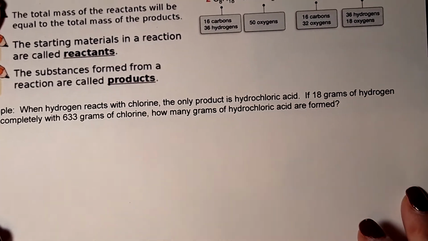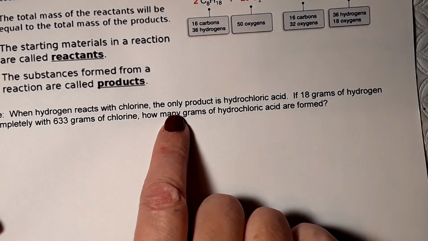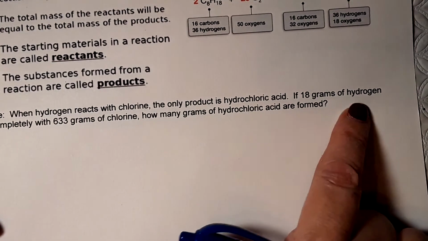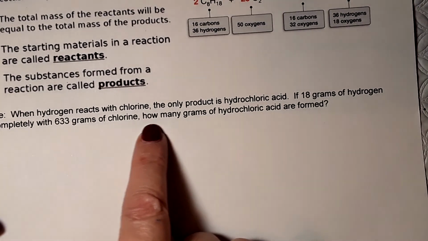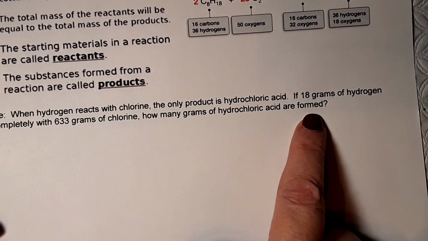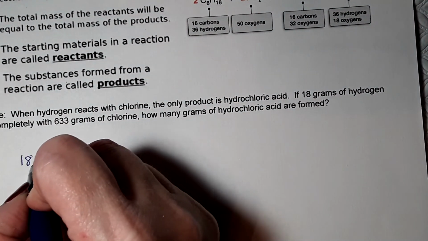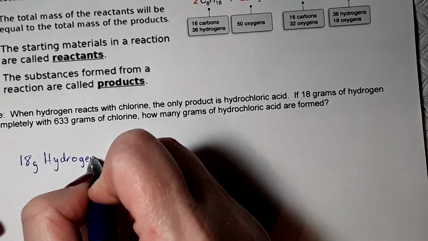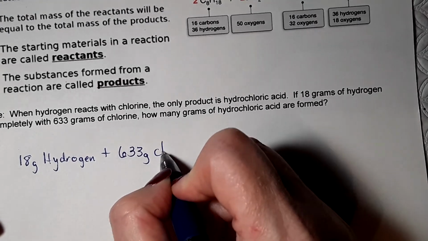Look at this example here. When hydrogen reacts with chlorine, the only product is hydrochloric acid. If 18 grams of hydrogen react completely with 633 grams of chlorine, how many grams of hydrochloric acid are formed? Well, look what we've got. We've got 18 grams of hydrogen, and we're going to add to that 633 grams of chlorine.